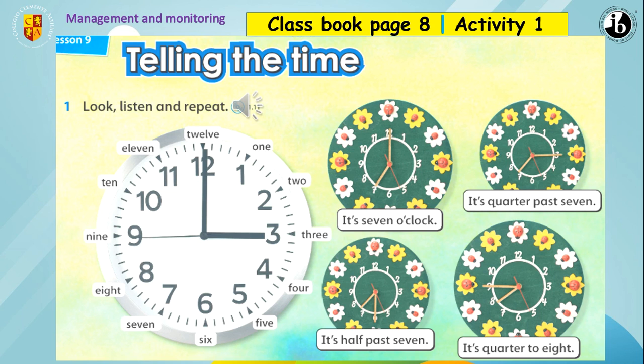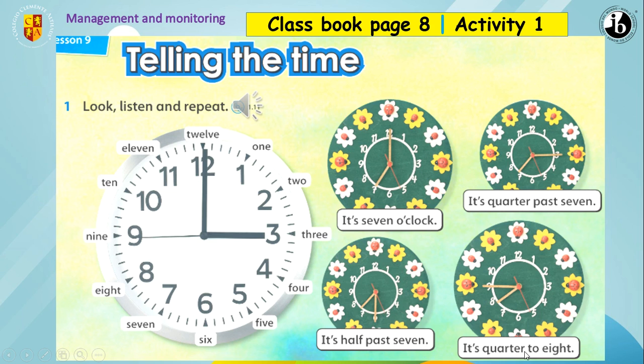Okay, so the first one was it's 7 o'clock because you see that it's 7 o'clock, right? Here, it's 7:15 because 15 minutes have passed since 7 o'clock. Okay, so it's a quarter past 7. In here, it's 7:30 because half an hour or 30 minutes have passed since 7 o'clock.